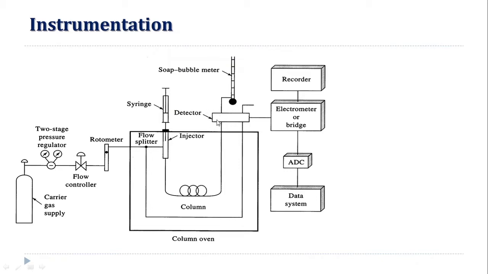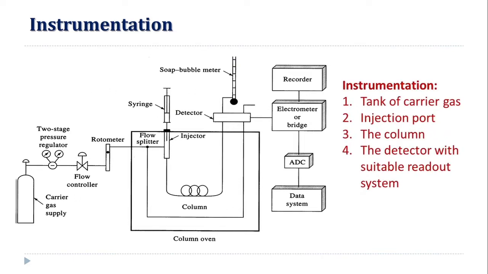The detector detects and analyzes the data, which goes to the electrometer or bridge. Then the data is recorded in the form of a graph, and that graph is called a chromatogram. So this is the instrumentation block diagram.